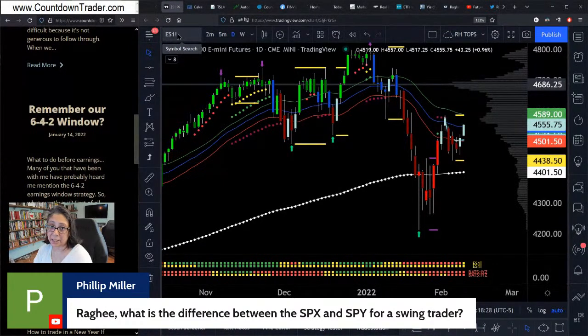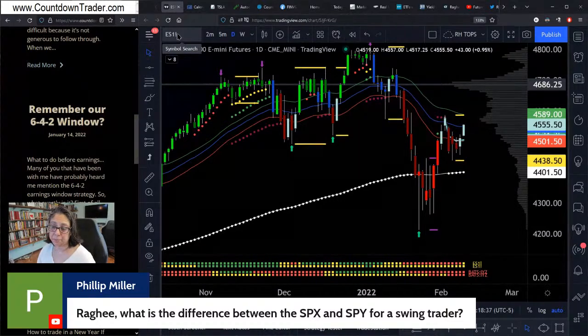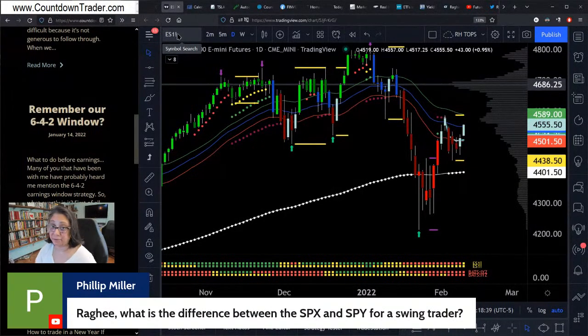I don't play SPX. I think there was a time people played SPX because of the zero dated options when we only had the Friday expiry for the SPY. Well, SPY now has Monday, Wednesday, Friday expiry. So the main advantage of SPX once upon a time, the zero dated options, you have that now in SPY.